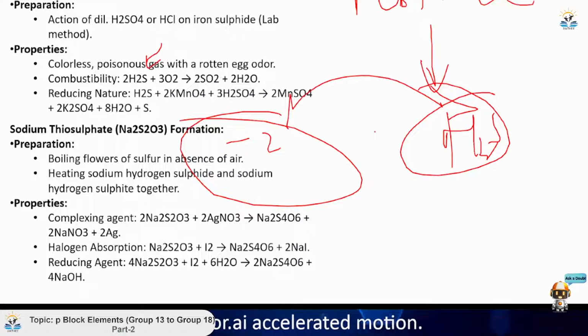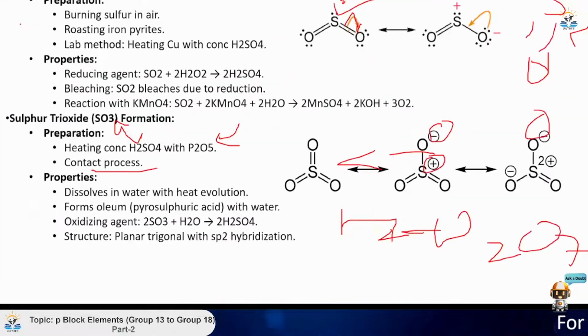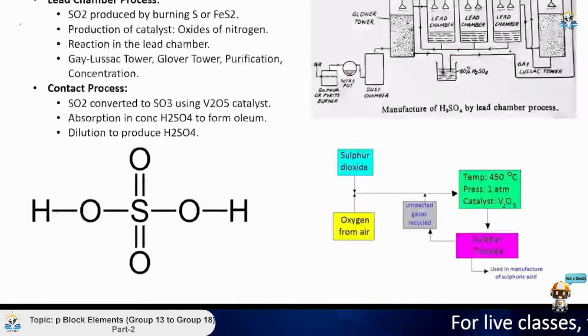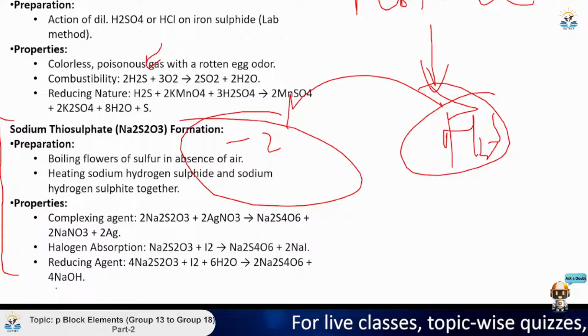They are two things, and they come together and create your sodium thiosulfate. Now, sodium thiosulfate is not a very important thing compared to H2SO4, sulfur dioxide, sulfur trioxide, or your ozone.